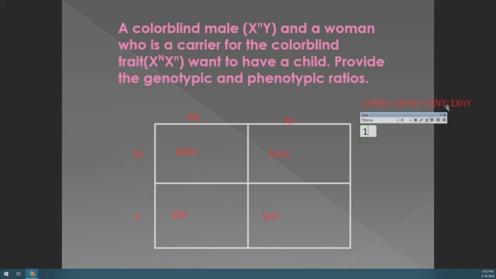So the first one is going to be a female who is a carrier for colorblindness. Next, we are going to have a female who is actually colorblind. Two little n's would be colorblind.